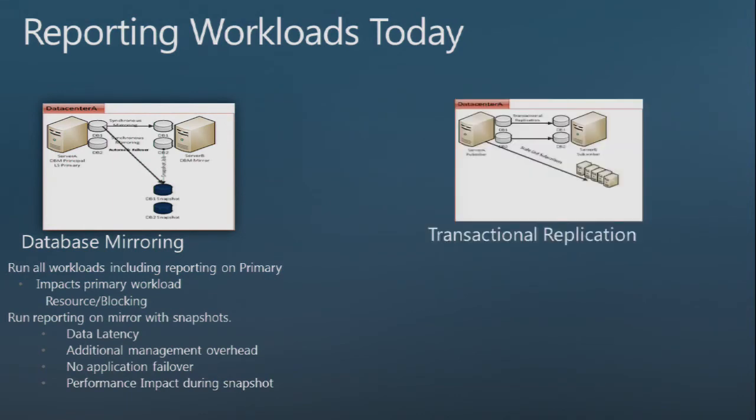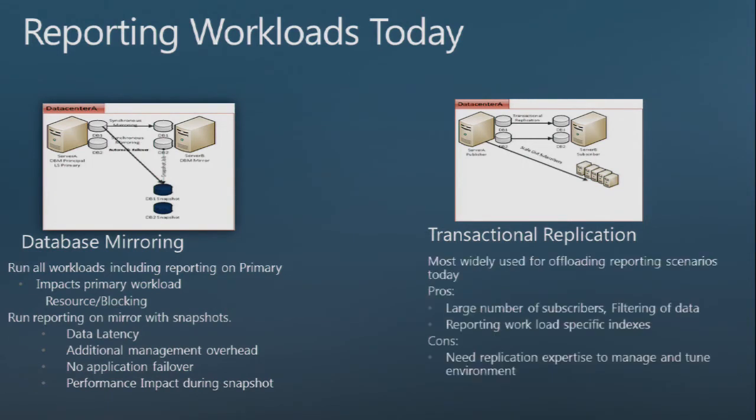Now let's look at another common configuration, that is transactional replication. In a transactional replication case, you have a primary node and you have one or more subscribers. And what you can do is run your reporting workload on those subscribers, and you can have a good scale out story that way. The key benefit of transactional replication is that you can create your reporting specific indexes on those subscribers.